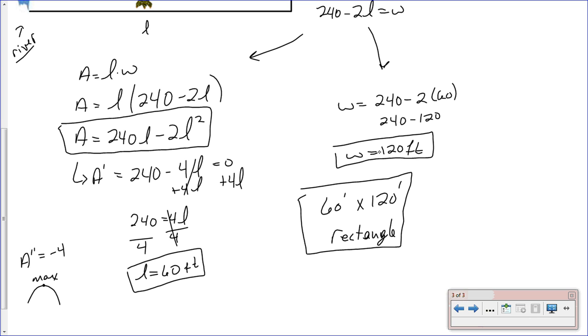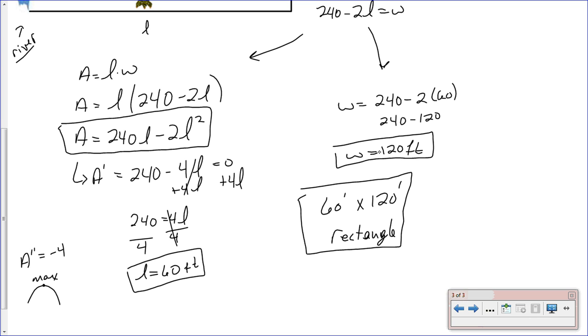Define your problem. Define your constraints. Define your constraint equations. Eliminate a variable, find your derivative, find your max or min, plug it back into your constraint equation that you solved for one variable, and boom, you're done.